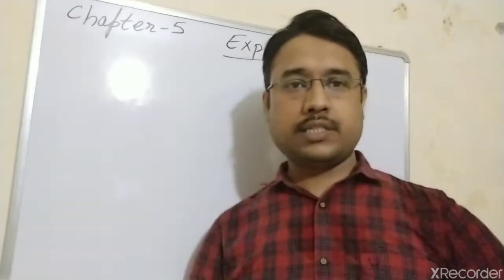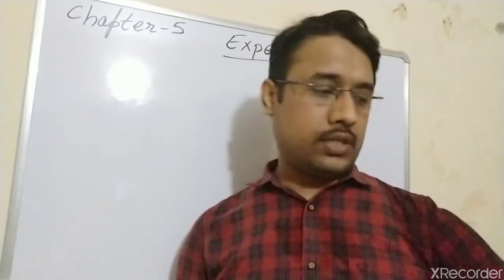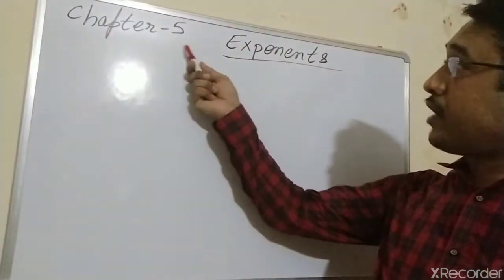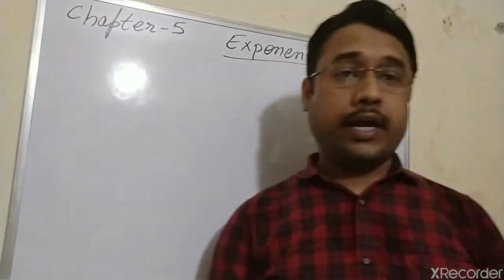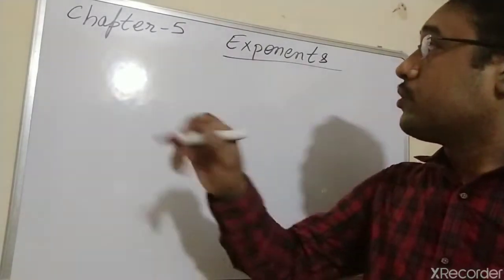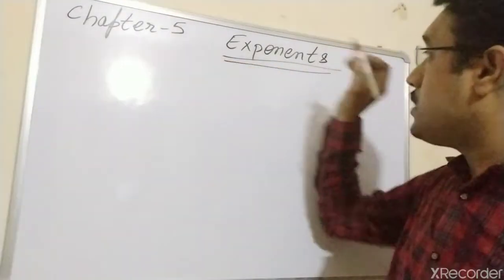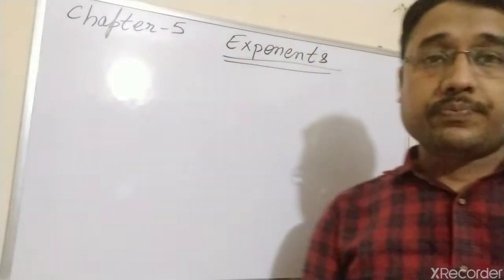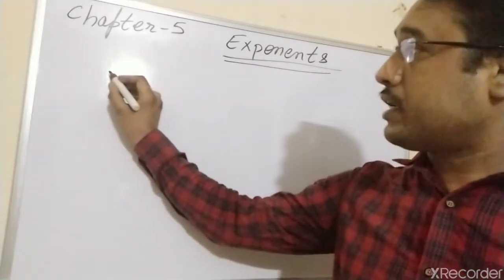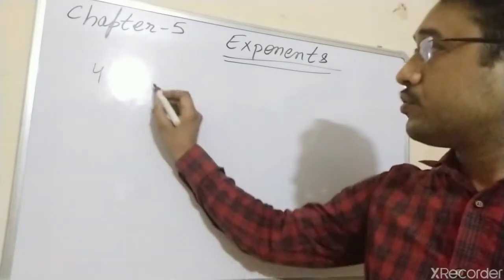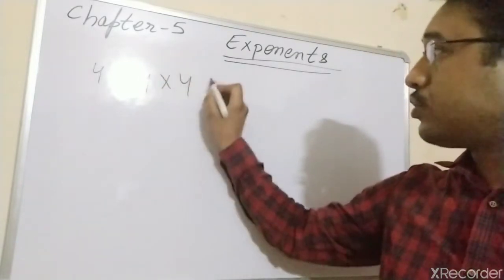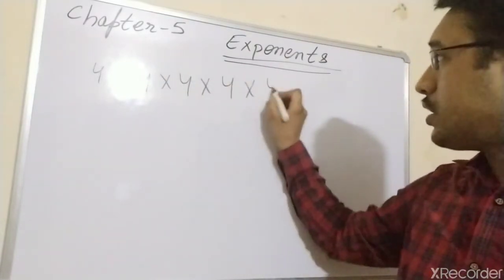So let's start. Here students, you can see I have written chapter number 5, exponents. First understand what this term exponents means. Suppose we have 4 into 4 into 4 into 4 into 4.